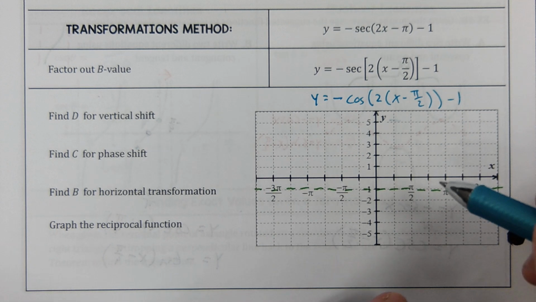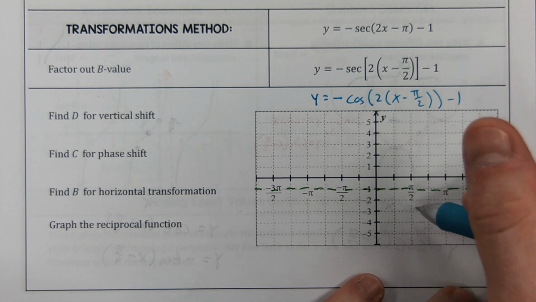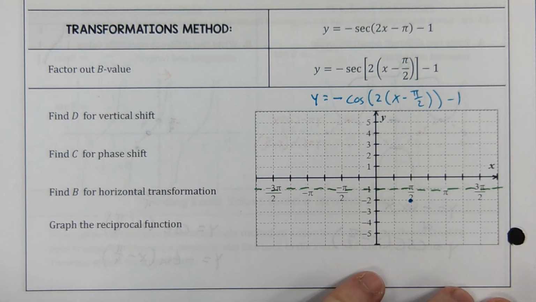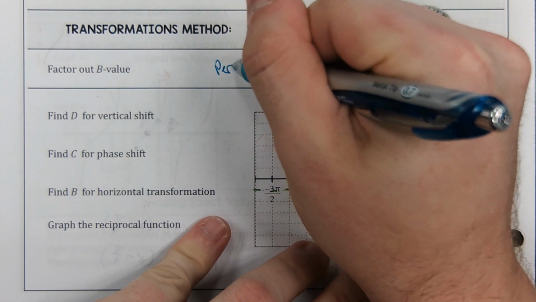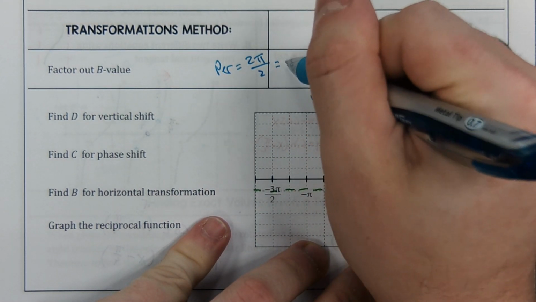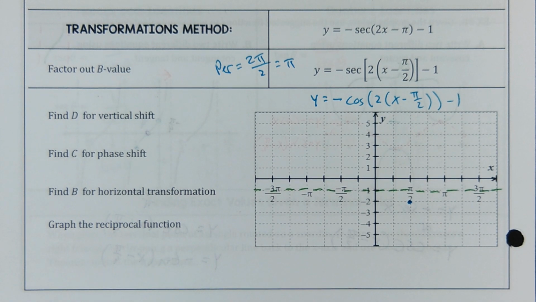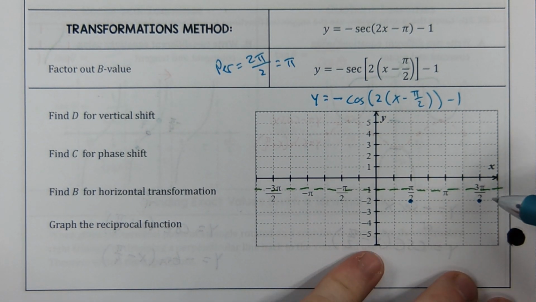So at pi over 2, we go down to a minimum, which will be 1 below the midline. Let's see what the period length is. The period is 2 pi over b. Our b value is 2. We have a period length of pi. So my cosine wave will be at its minimum pi to the right and pi to the left.